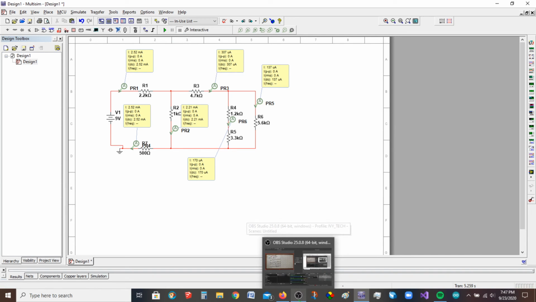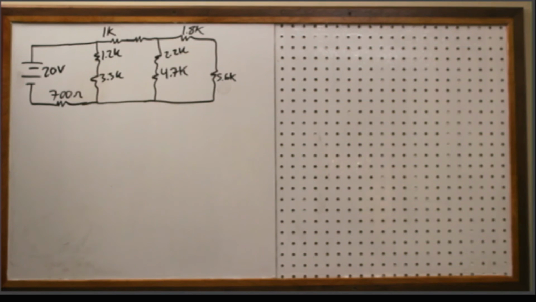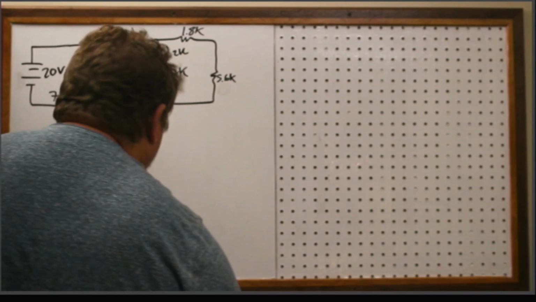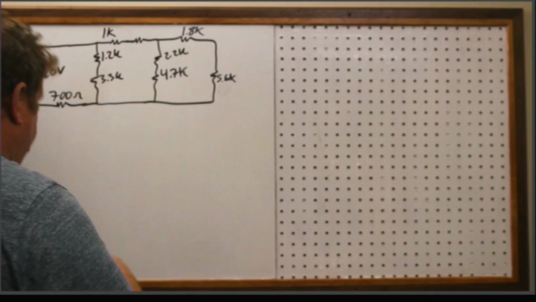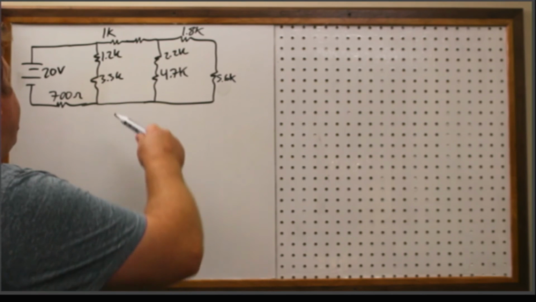Now let's try one more. Okay, and the final one that I'm going to do for this chapter, or at least the first part of this chapter. Obviously, we'll have other parts later. But I now have a little bit different circuit.